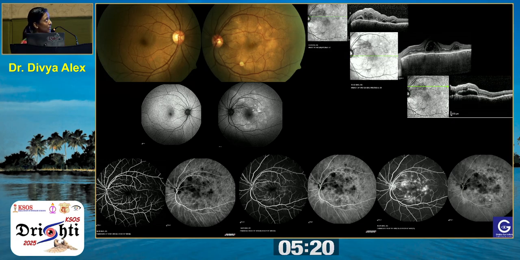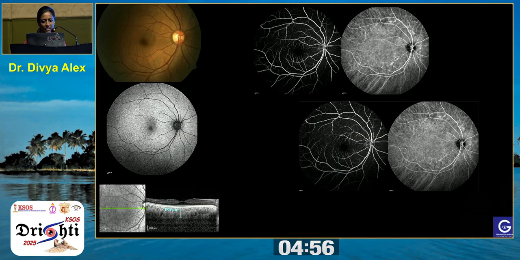On fundus examination, the right eye was within normal limits, but the left eye showed multiple serous detachments and multiple yellowish white subretinal precipitates. OCT showed multifocal serous detachment with the bacillary layer detachment sign, and EDI showed a huge choroidal thickness, and the fundus fluorescein angiography showed pinpoint leak and pooling, and the ICG showed hypoperfused choroidal granulomatous regions.